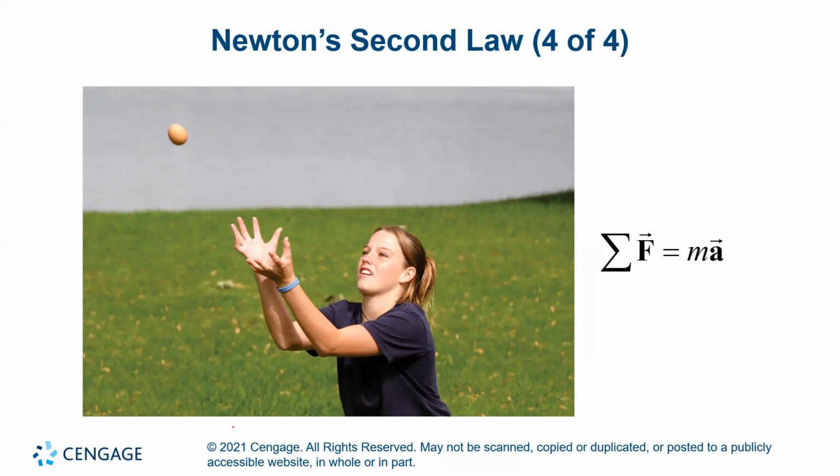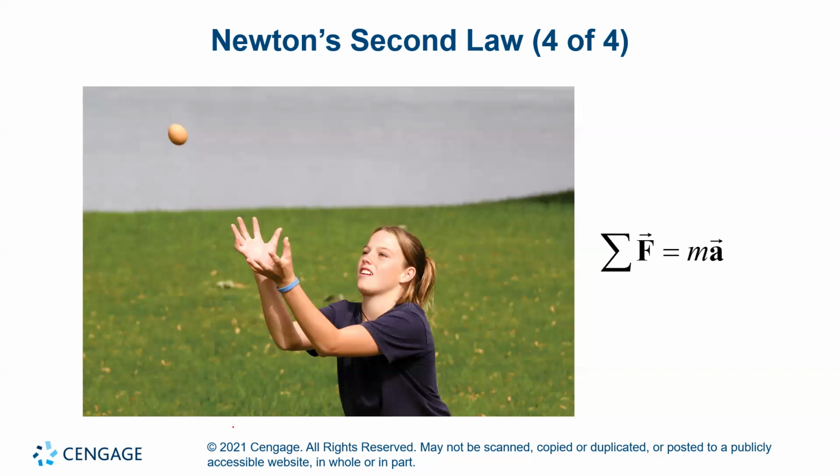Because the change in velocity of the egg will be so abrupt, from moving very quickly to stopping in such a very short amount of time. This requires a large force from your hands because large acceleration is caused by large force. And this large force is sufficient to break the egg.